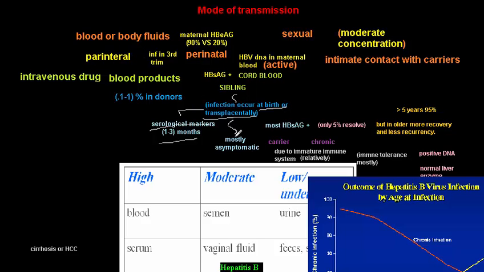Mostly the neonates of hepatitis B mothers, the affected neonates of course, are asymptomatic, and this is due to the immature immunity. The symptoms of hepatitis B are due to the immunity of the baby.